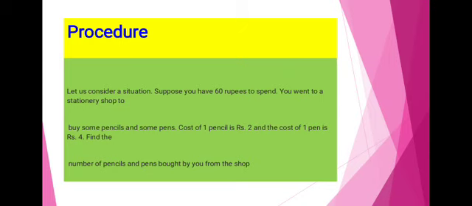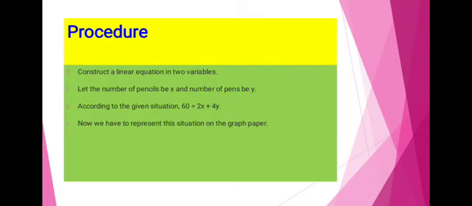The cost of one pen is 4 rupees, so the total cost of y pens is 4y. So the total cost of x pencils and y pens is 2x plus 4y. According to the given situation, 2x plus 4y is equal to 60.